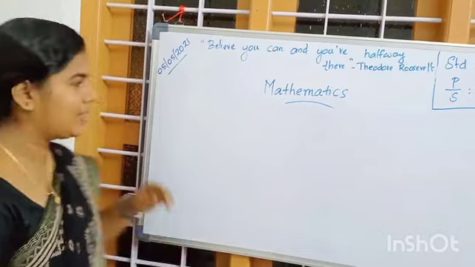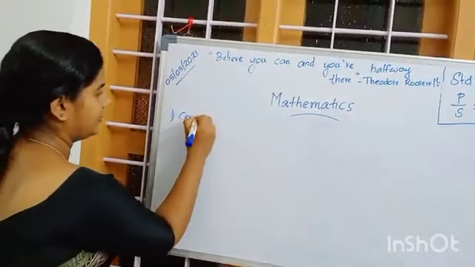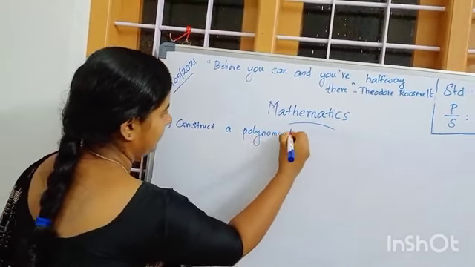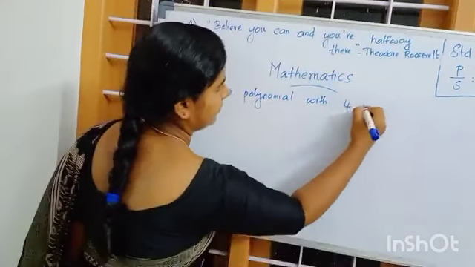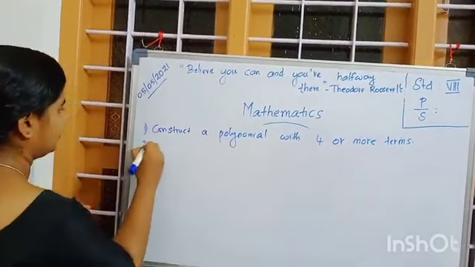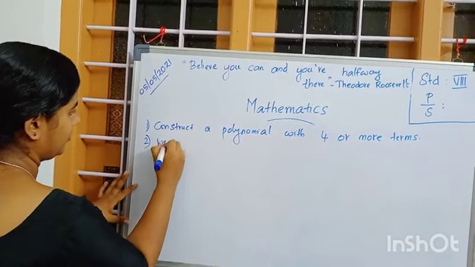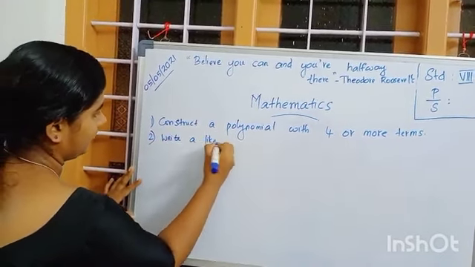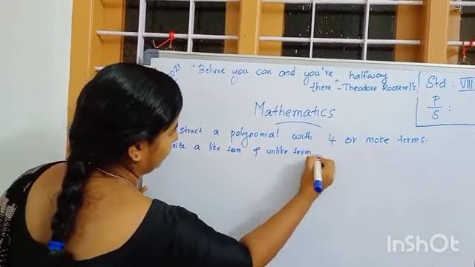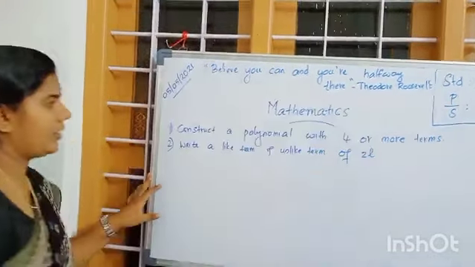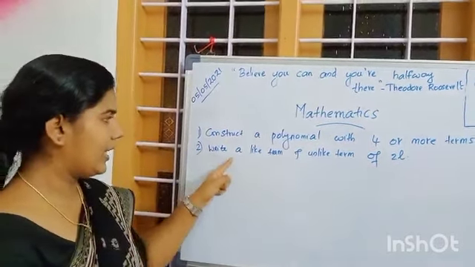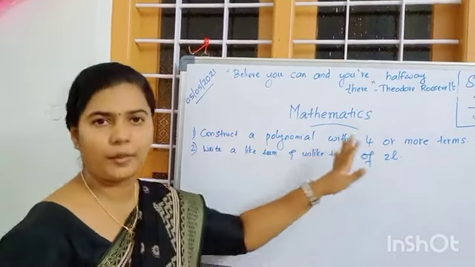Let's do 2 more problems. All of you write down the question. So the first question is construct a polynomial with 4 or more terms, and the second question is write a like term and unlike term of 12.